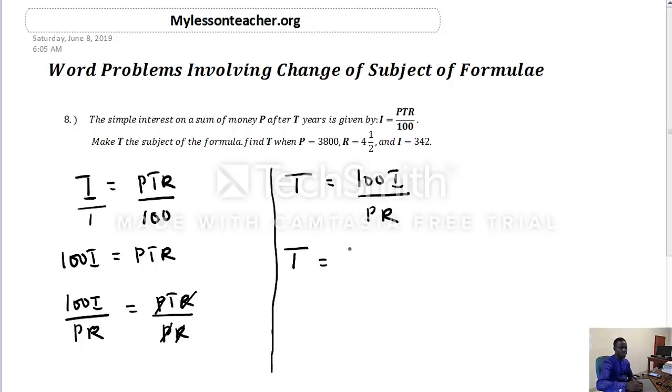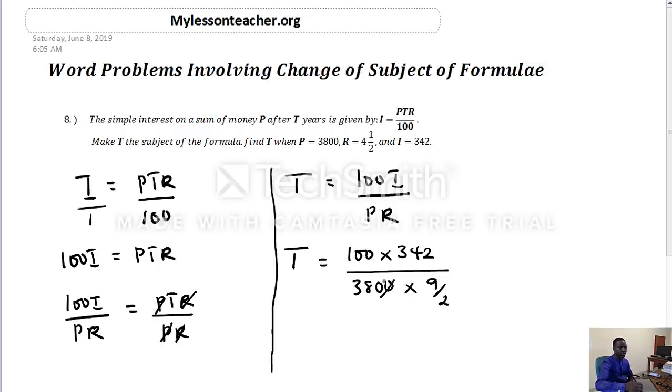So T is equal to 100 times I, which is 342, divided by principal, which is 3800 times R, which is 4.5, and expressing 4.5 as an improper fraction is going to be 9/2. So I'm going to write it as 9/2.